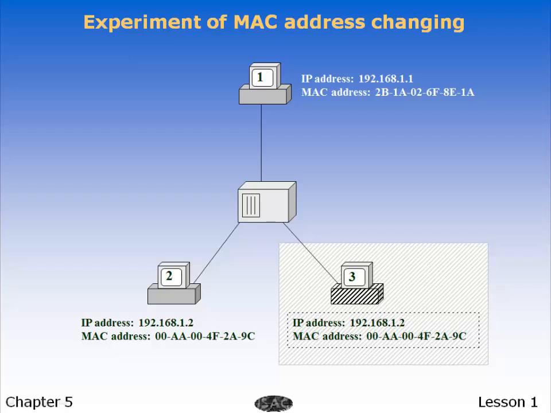So the MAC addresses were equal. The IP address remained the same as the computer 2 IP address. So in this case, we had two different layer addresses, the data link address and the network address. The first one is the MAC address and the second one is the IP address, the same for both computers.